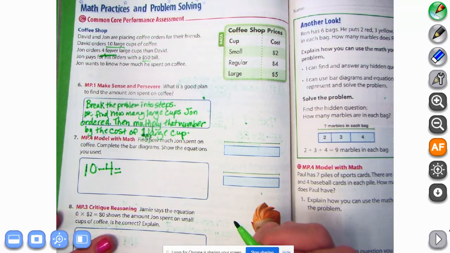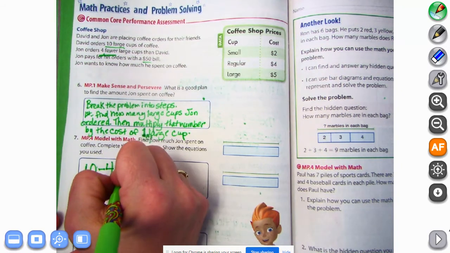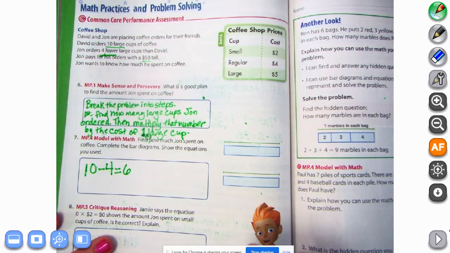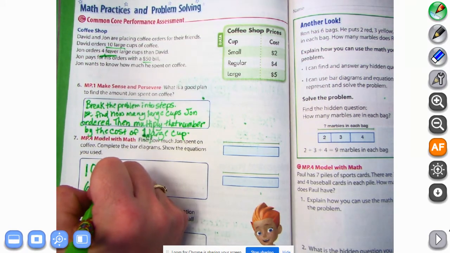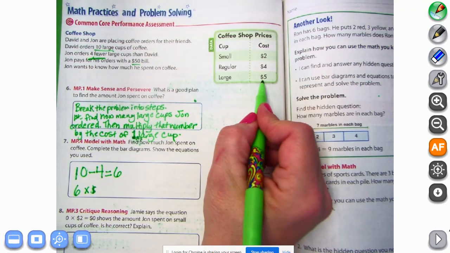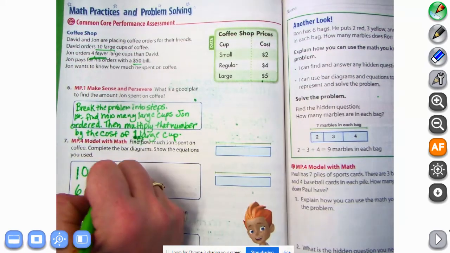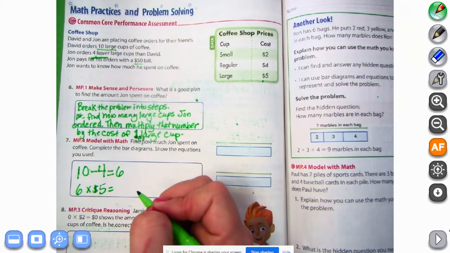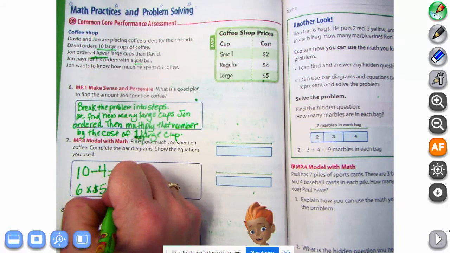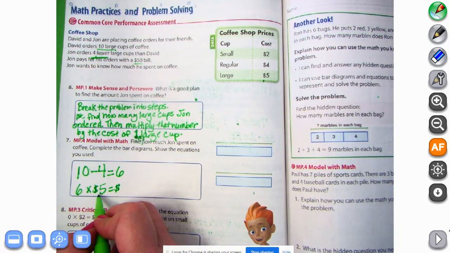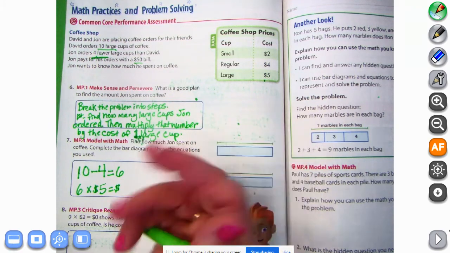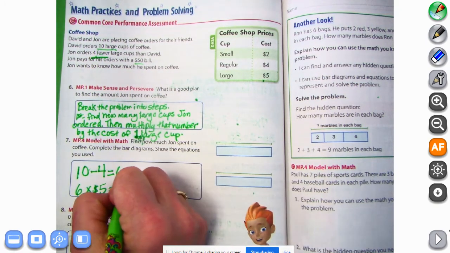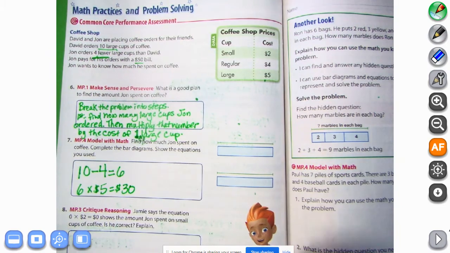So 10 minus 4 equals 6. And then take that 6 and times it times the cost of a large coffee. How much is a large coffee? $5. So how much would he have spent? He would spend 5, 10, 15, 20, 25, 30. He would have spent $30.